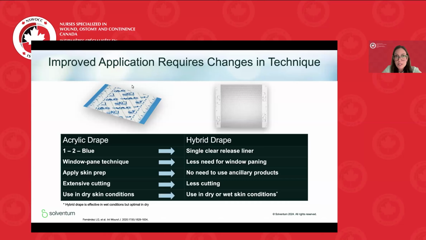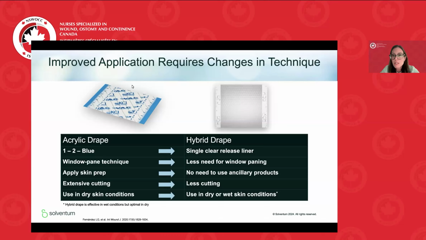The extensive cutting that's involved with the old drape and making sure that you get things just to size. And then, like I said, the use in dry conditions. The hybrid drape is going to solve a lot of those challenges. It is a single liner, so essentially you can peel in place. You need to window pane less because of that silicone layer.